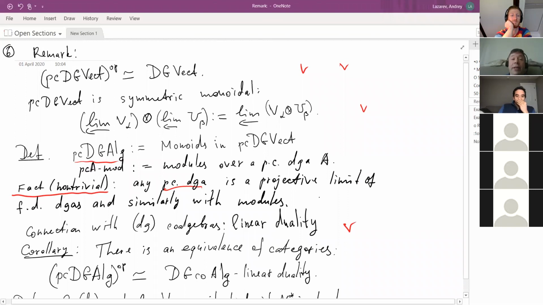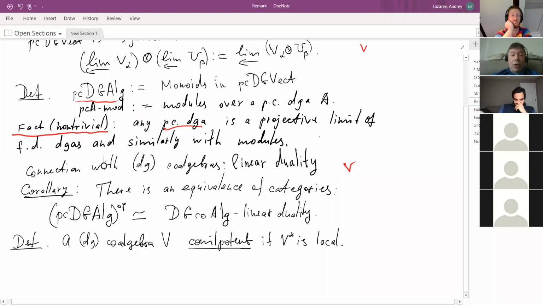Conversely, given a pseudo-compact vector space, you take its continuous dual and you recover your original vector space. Similarly, if you have a coalgebra, you dualize, you get an algebra. If you get a pseudo-compact algebra, you continuously dualize, get a coalgebra.